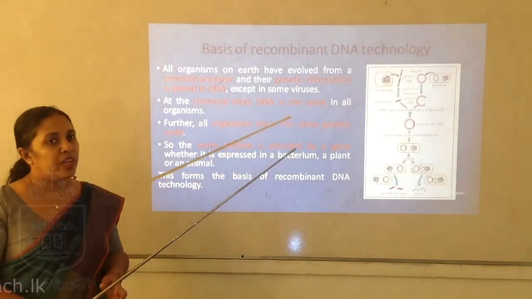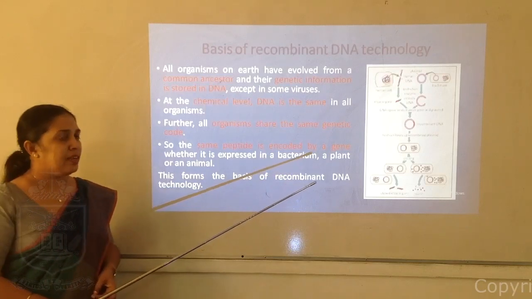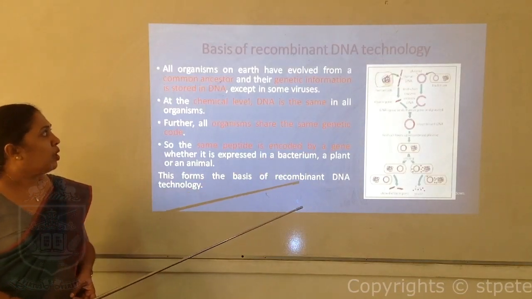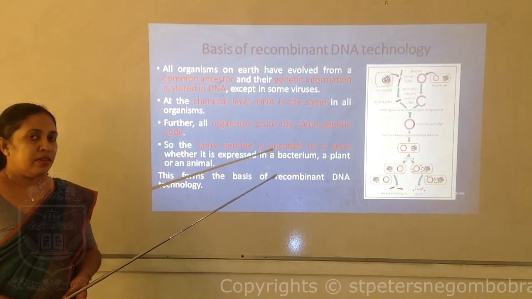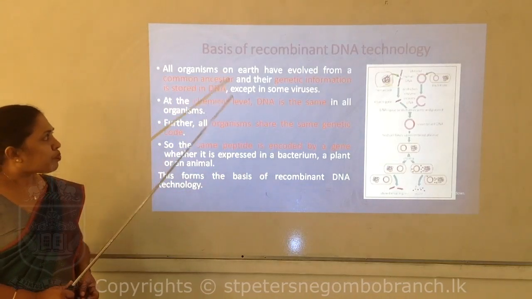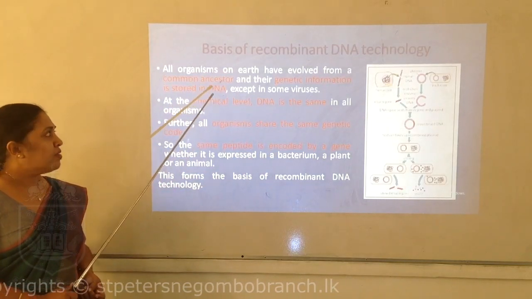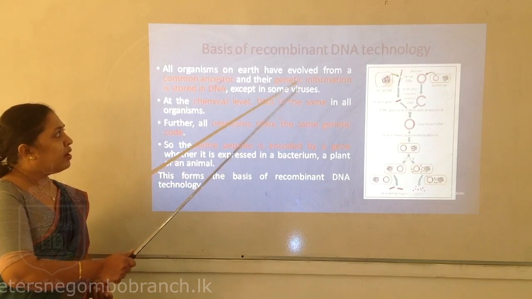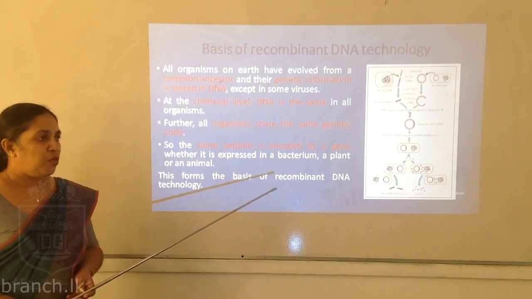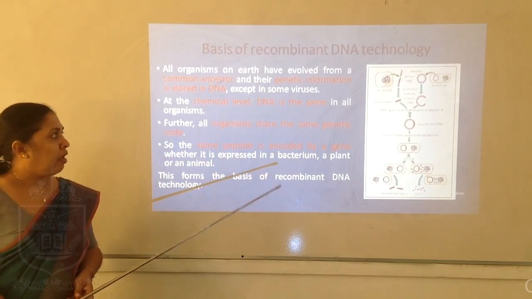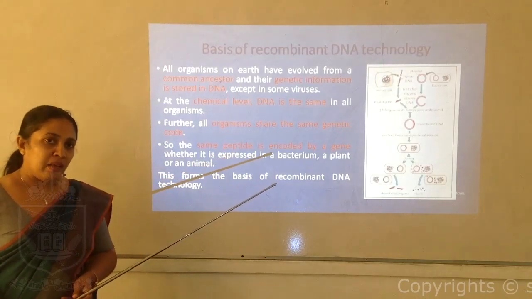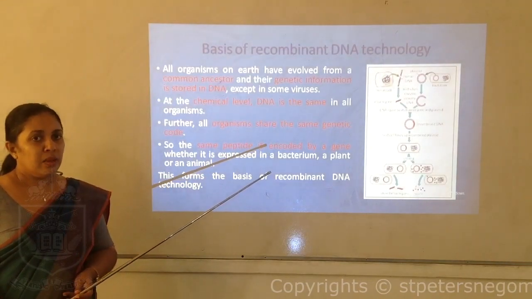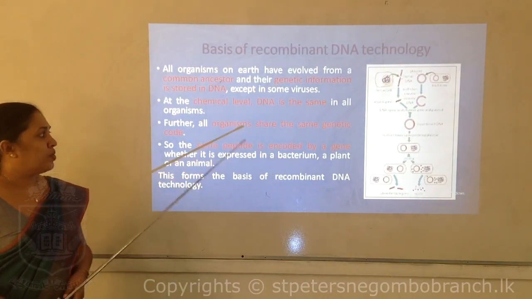the basis of recombinant DNA technology depends on the genetic code. All the organisms share the same genetic information stored in DNA, and at chemical level DNA is similar in all the organisms.